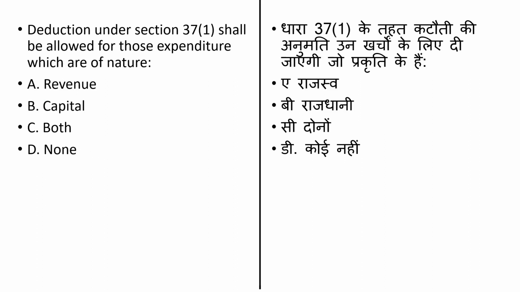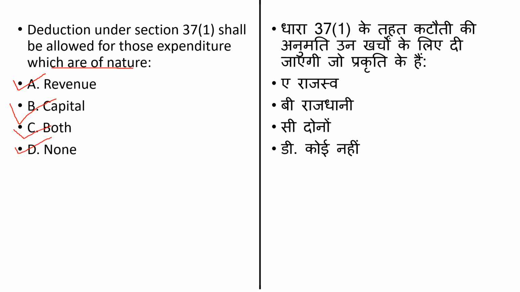Deduction under section 37 clause 1 shall be allowed for those expenditures which are of a nature, and the options given are revenue, second option is capital, third option is both, and last option is none.